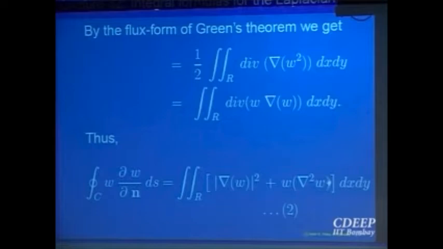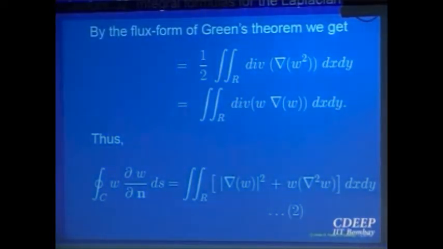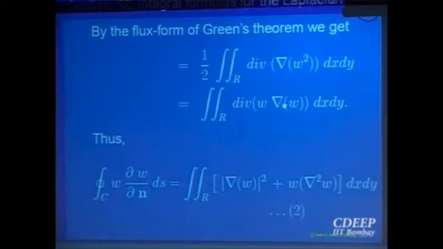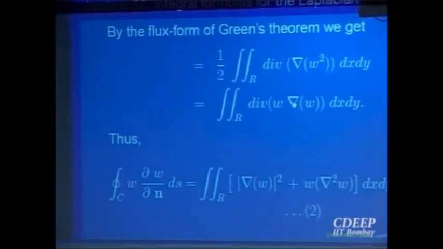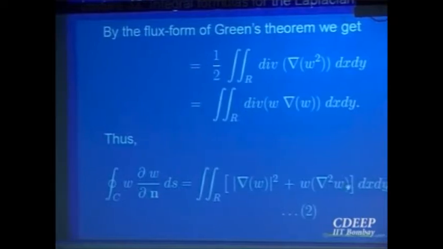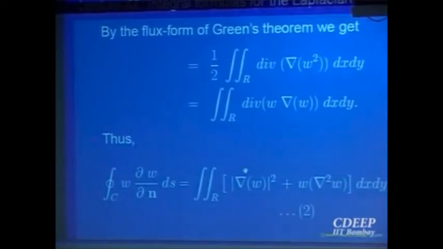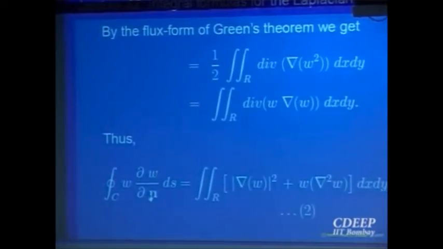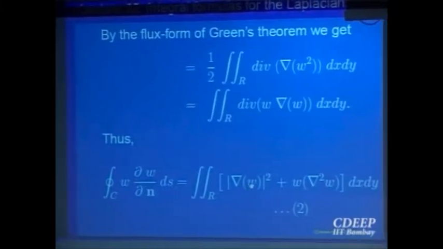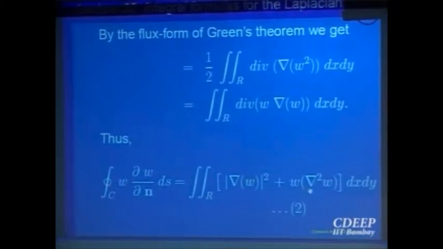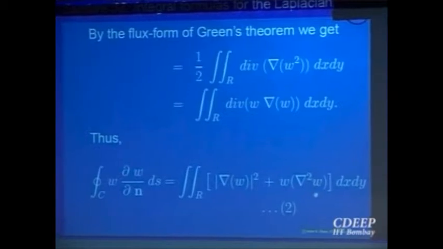So we are using one of those identities that you proved in the first few lectures when we started vector calculus. The divergence of a scalar field times a vector field looks like a product, so the product rule is being applied. So this gives you another equation which relates the directional derivative with the gradient squared and the Laplacian. Here the Laplacian of the scalar field W is entering the picture.